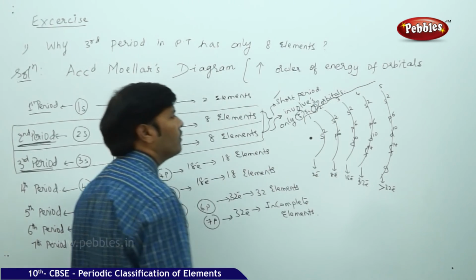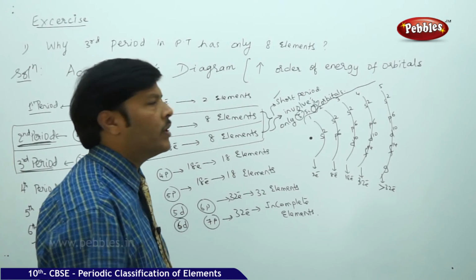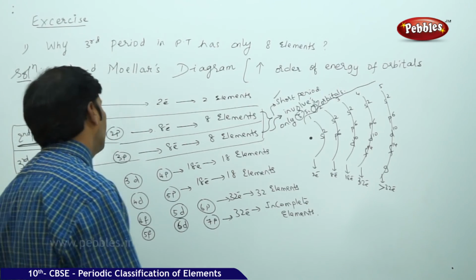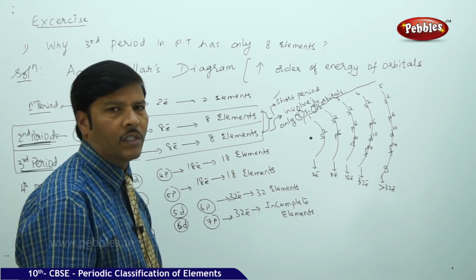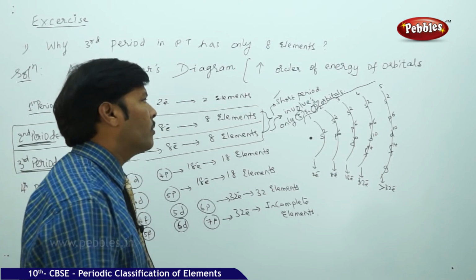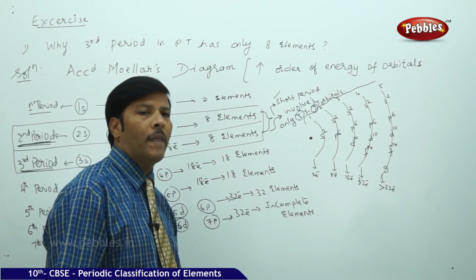A maximum of 8 electrons can be accommodated between s and p orbitals. That is why the third period has only 8 elements with its 8 electrons, that is 2 electrons in the s orbital and 6 electrons in the p orbital.